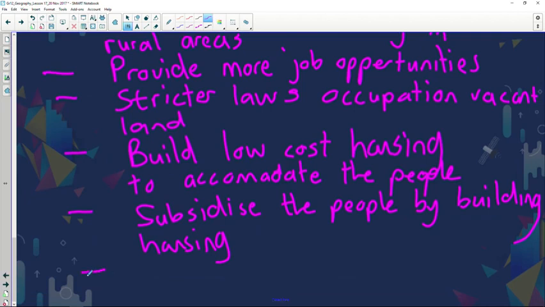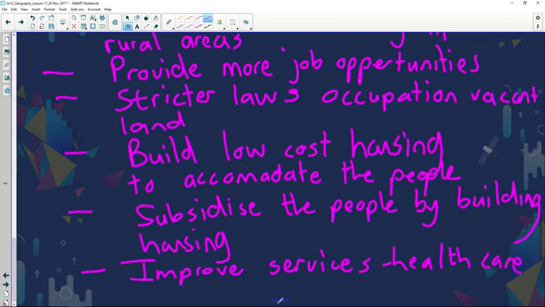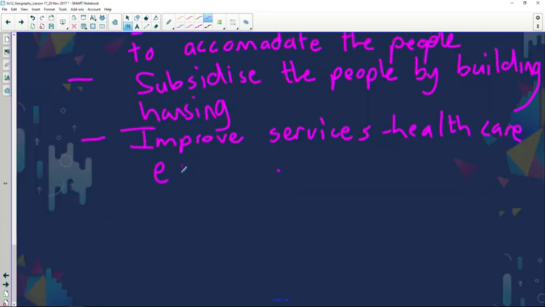And our last reason that we can add over here is, once again, to improve services such as healthcare and education. Because if you look at it, you don't find many tertiary education systems in rural settlements.